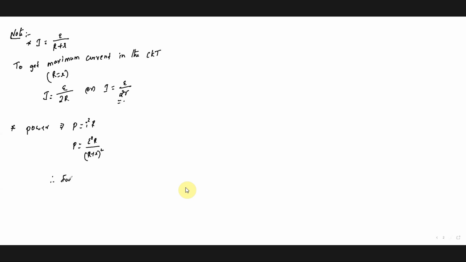Therefore, for maximum power, P maximum is E squared R by (2R) whole squared, or else (2r) whole squared. That can be written as P maximum is equal to E squared R by 4 r squared. This is the maximum power.